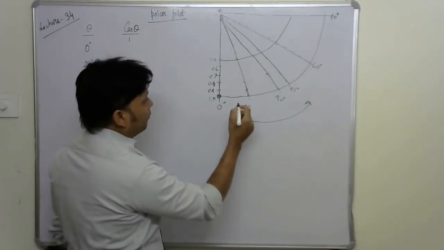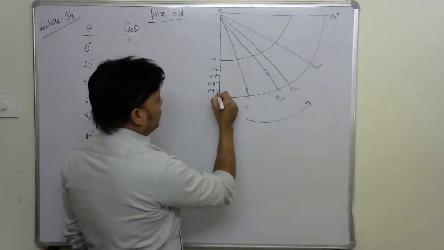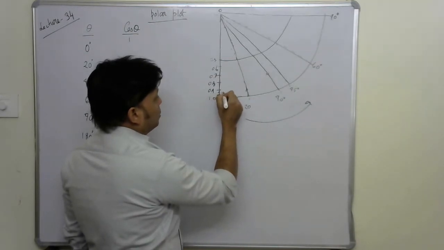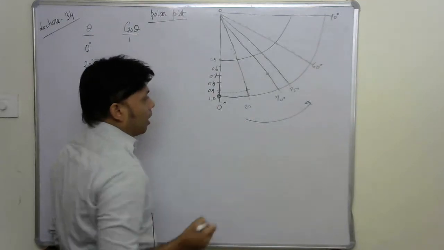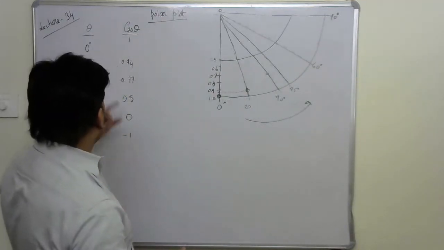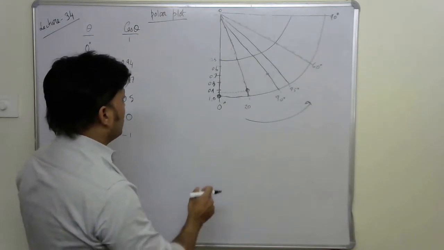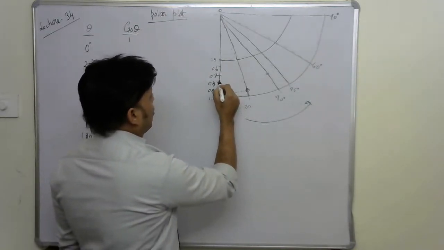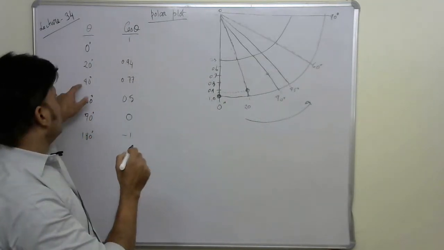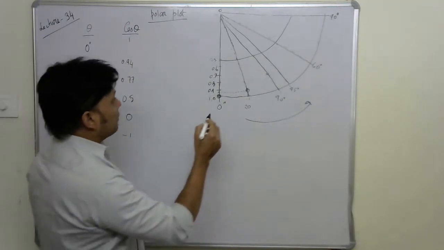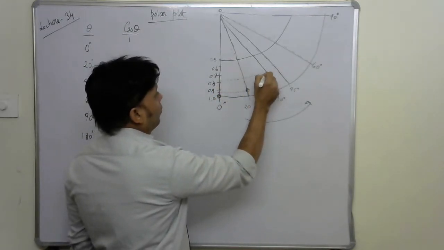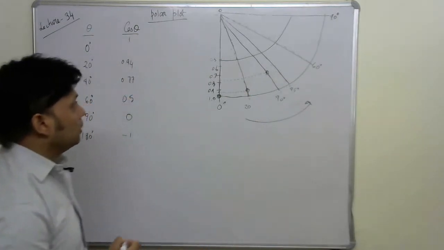This follows the exact same circular arc, so we pick this point as 0.94. The next is 0.77, which should be somewhere around here, on 40 degrees. So theta is 40 degrees, cos theta 0.77, and so on.